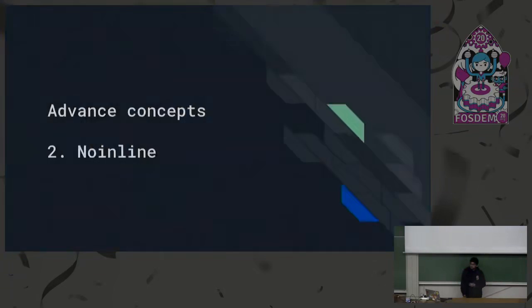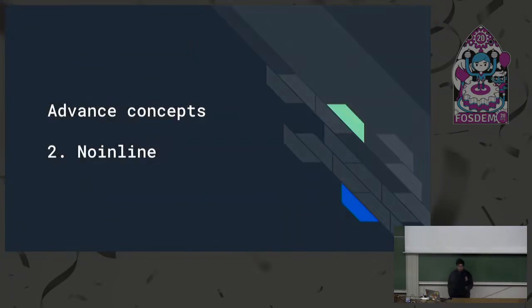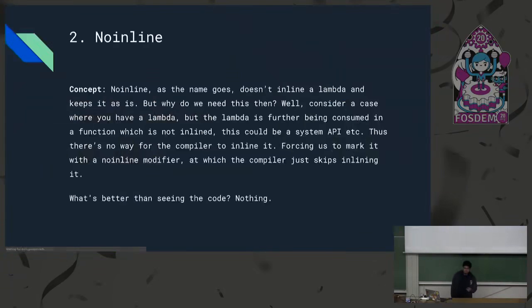There's another point to it, which is noinline. Noinline, as the name suggests, does not inline the lambda for you. If you ask what might be the reason to do this, the reason is simple. Since in Kotlin functions are first-class citizens, you might pass a lambda to a system API, or to some function which is not under your control.